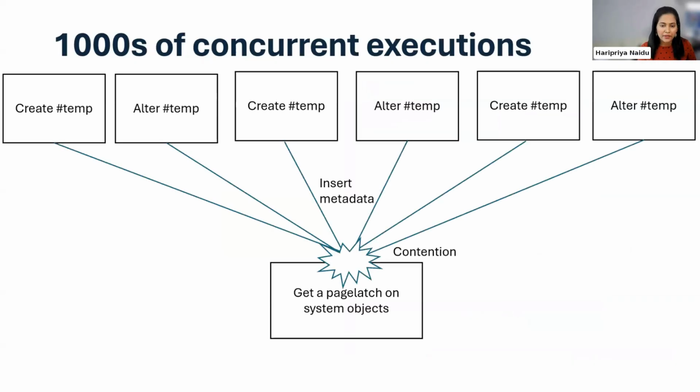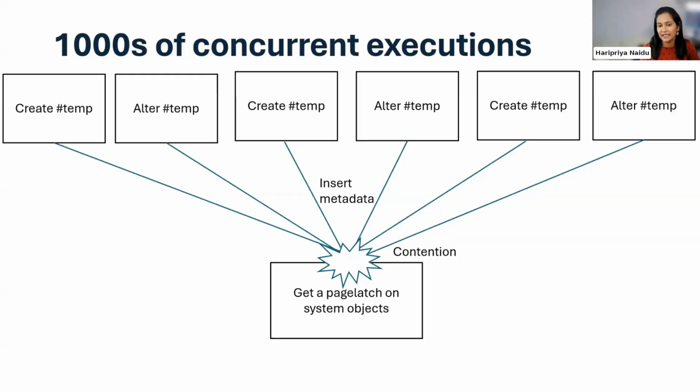Now, all these operations are waiting to get that lock onto the system objects to insert metadata. So as these operations are waiting in line for those latches, it causes contention. And this contention is on the system objects, and that's why it's called metadata contention. Because system objects are nothing but metadata objects.